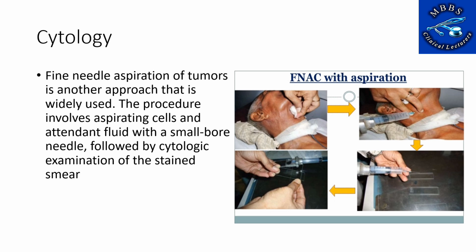If we are going to take the cytology of a cervical lymph node from the neck, the first stage is to palpate the cervical lymph node and then sterilize with spirit swab. The second is to fix the lymph node with two fingers of your left hand, take the syringe, and insert it into the swelling of the lymph node.